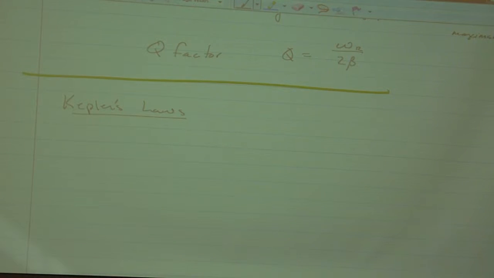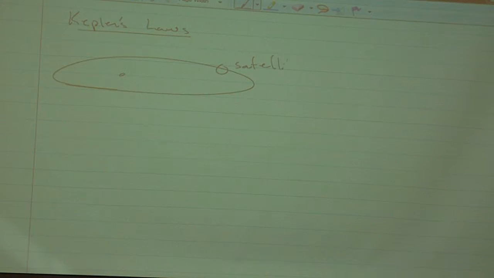Okay, so let's write them down again. So Kepler's 3 laws are, if I have an orbit, and I have a small object here, the small object is called the satellite. It has little mass, little m, and then there's the big object, which has mass, big M. The big object is at one of the foci of the ellipse.